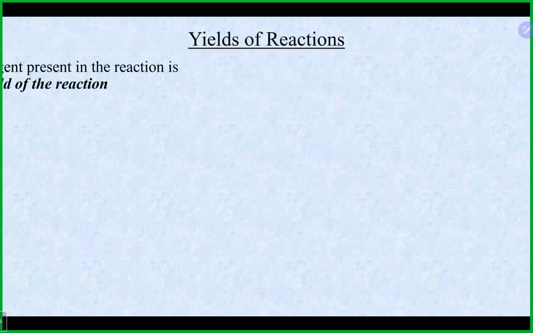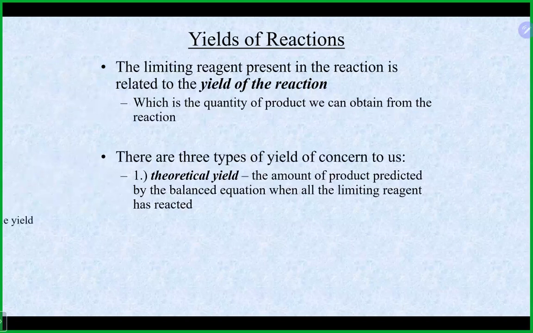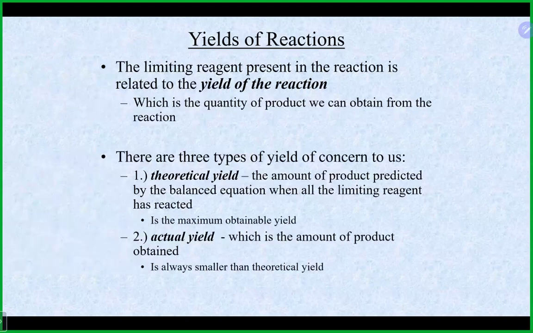Now, there are a few different types of yields that we come across, and the first yield is what we've been seeing, and that is the theoretical yield. The theoretical yield is based on the balanced equation and on how many reactants you're starting with.